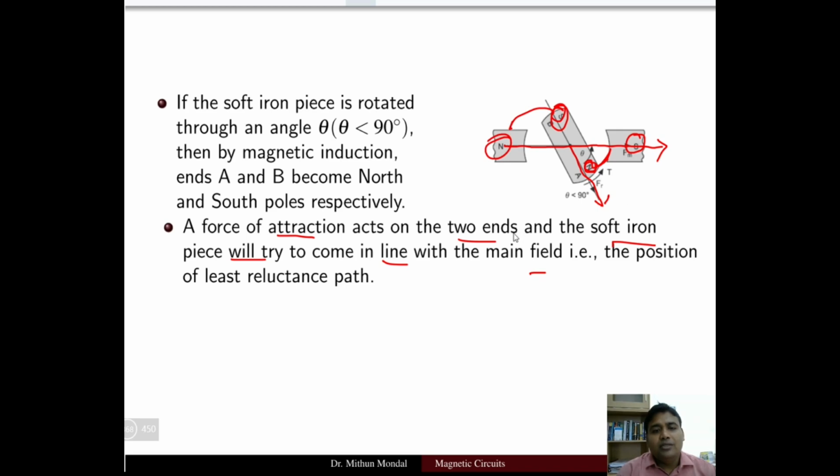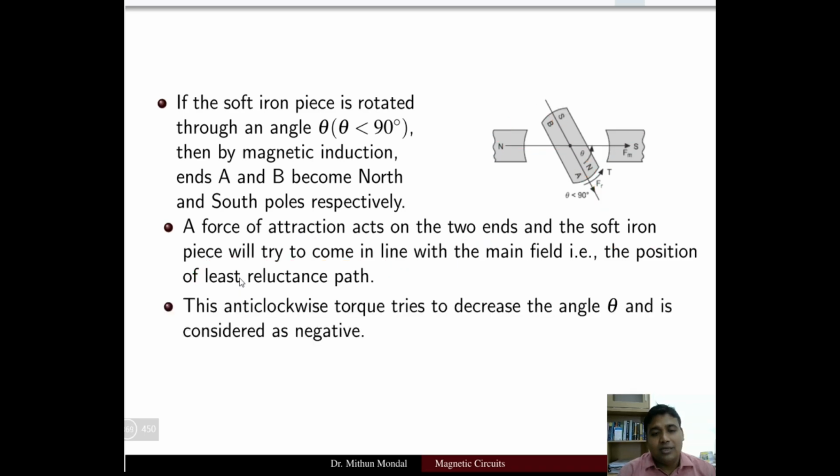Then the soft iron piece will try to come in line with the main field, the position of least reluctance path. This anticlockwise torque tries to decrease the angle theta. So the theta which has been formed will decrease because of the force of attraction and it is considered as negative.